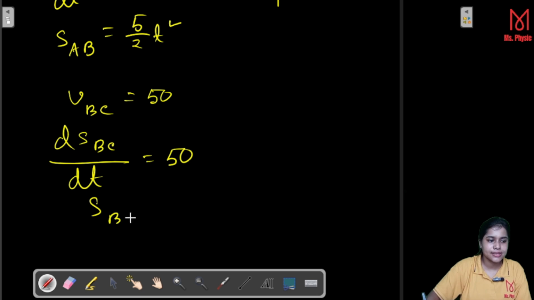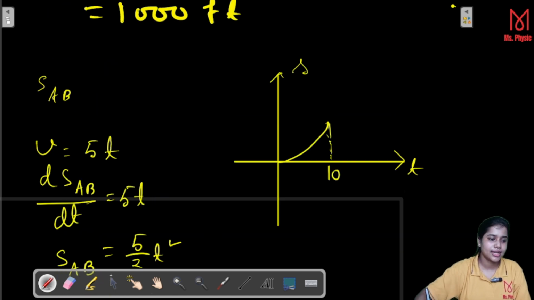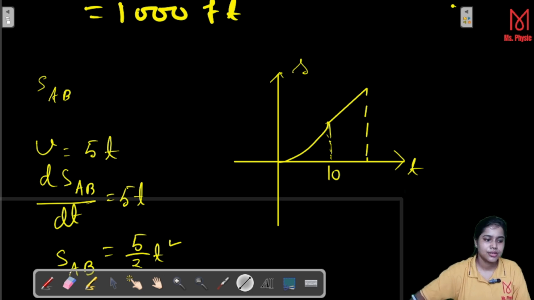Therefore, SBC is equal to 50T. This is a straight line, so again we will plot a straight line up to 10 seconds.